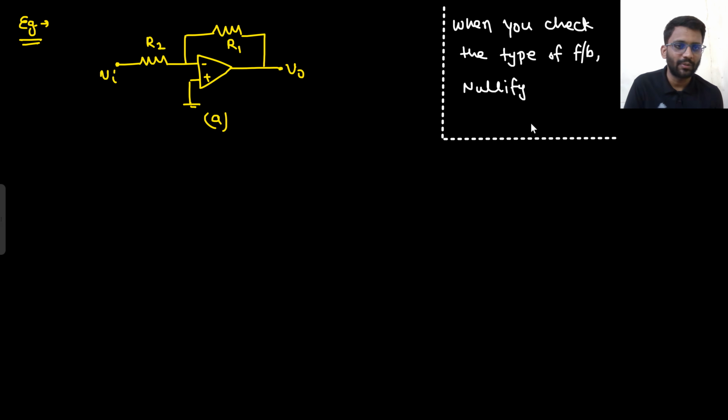If a current source is there, that will be open circuited. If a voltage source is there, that will be shorted.